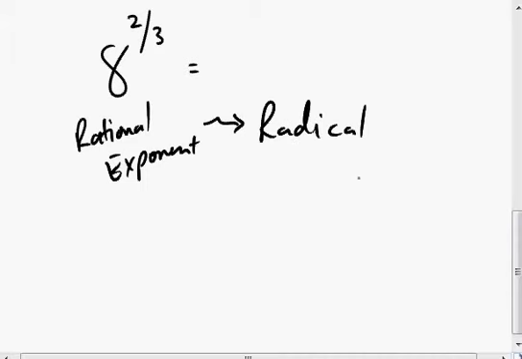So we could call this over here exponential form, and we need to be able to convert this to radical form. Okay, what this means is this bottom number here is called the index.